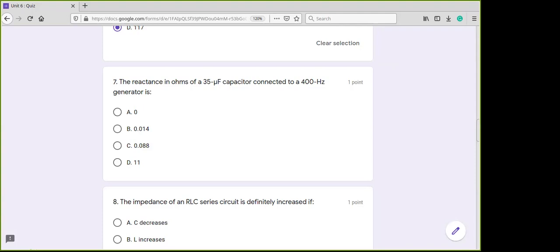Therefore, you can use again the calculator. 1 over 2 times pi is 3.14 times the frequency is 400 times the capacitance is 35 times 10 to the power of minus 6 farad.